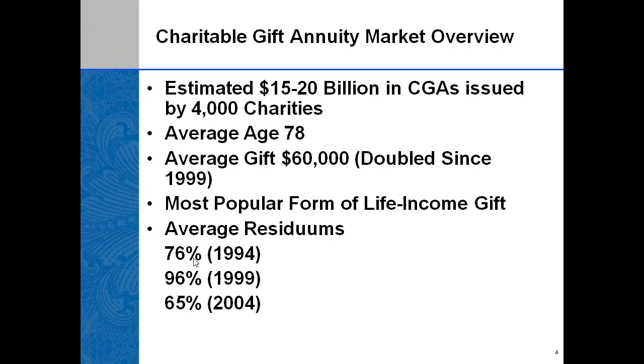So most of our models show charities actually should have been receiving closer to 130, 140%. Because if they're only getting 100% at the end, think about this mathematically. That just means they were earning the same amount as what the payout was. So if they got a gift annuity back in 1985 and it was paying out 6%, they would only have to be earning 6% paying that out.